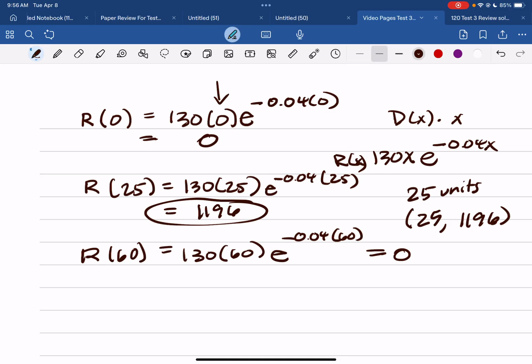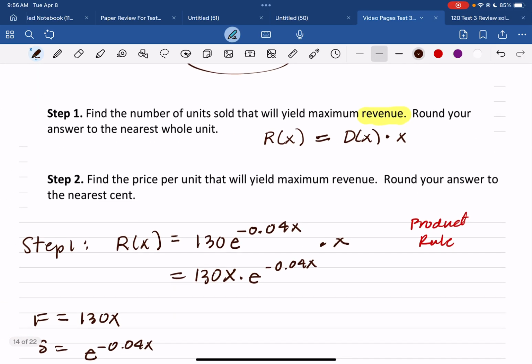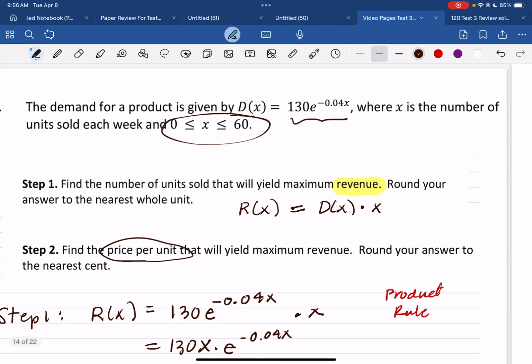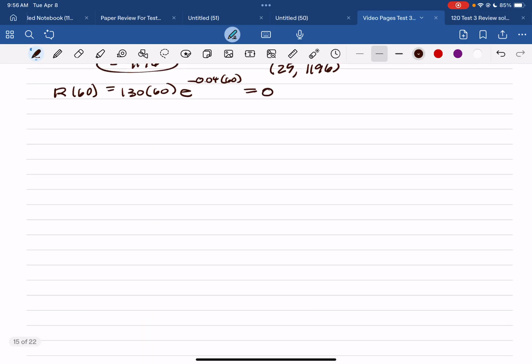Now, the last thing they ask us for in this problem is the price per unit. And remember, price is demand, d of x. So all I have to do for this part 2 is find d of 25. This is going to be the price at max revenue.